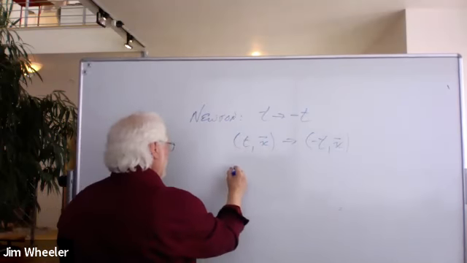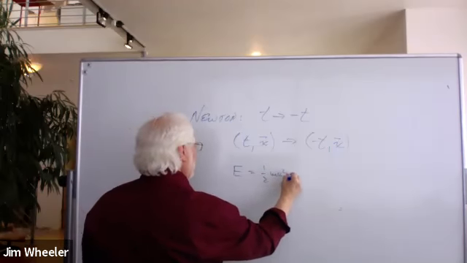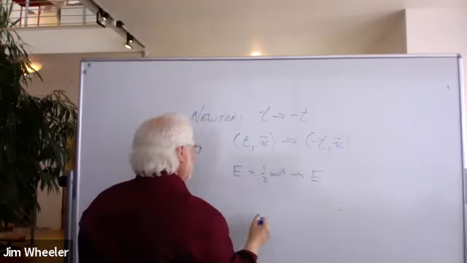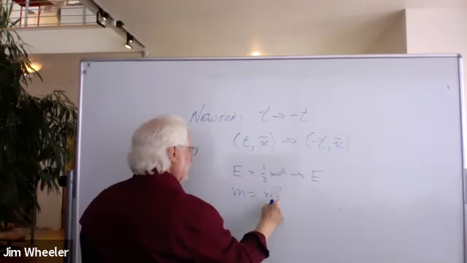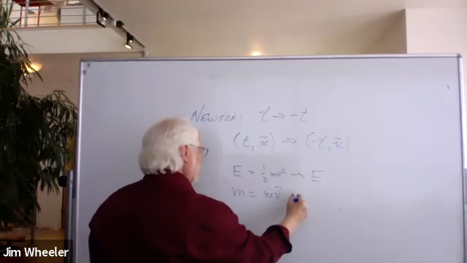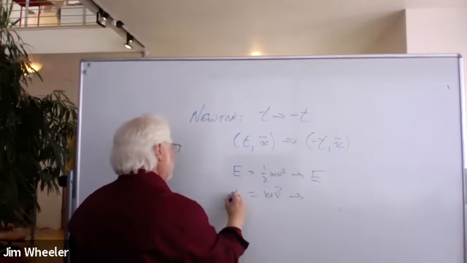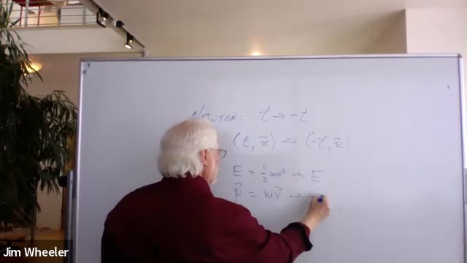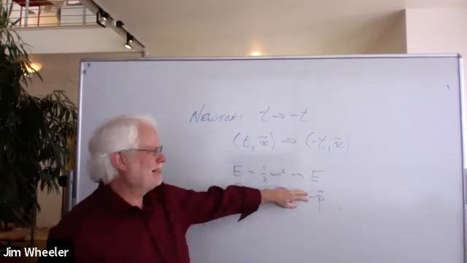But if you look at energy as a half mv squared, that just stays the same, and momentum, mv, it's got one t in there, d/dt of x. I'm sorry, I'm calling it p here. It goes to minus p. It's not just the time coordinate that's getting flipped.